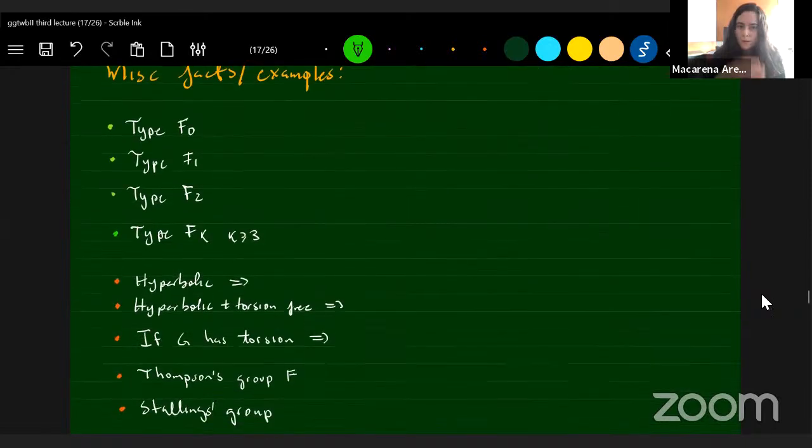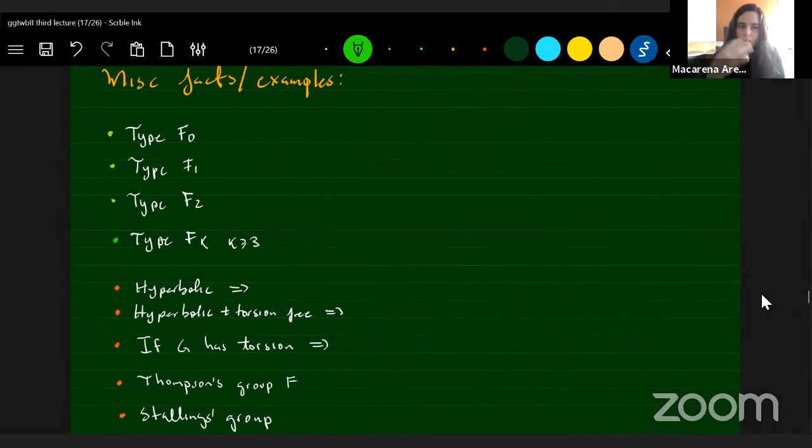So what are some things to know about these finiteness properties? Some examples. Type F0 is just all groups. All groups are type F0, just because all groups have a presentation complex, which you build by first adding a single vertex. So the 0 skeleton of the complex is always finite.